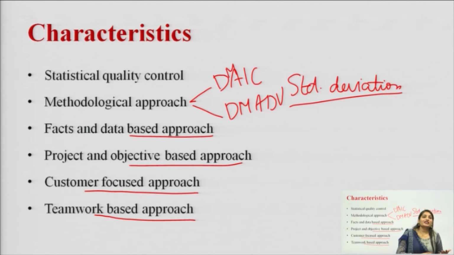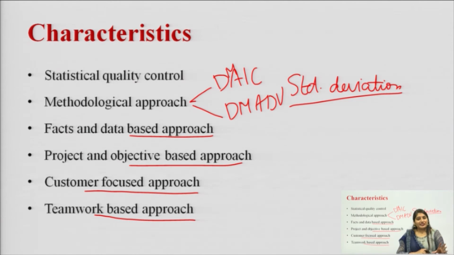Next is the project and objective based approach. See, the Six Sigma concept is a project based approach as well as an objective based approach. Okay. Whatever the project is, it will focus on that project goal, and it is also an objective based approach. The objective of the process can be just profit generation, or it can be continuous improvement, or both.